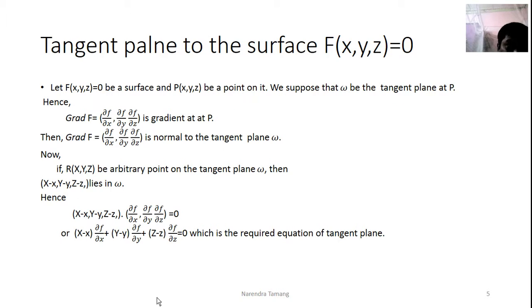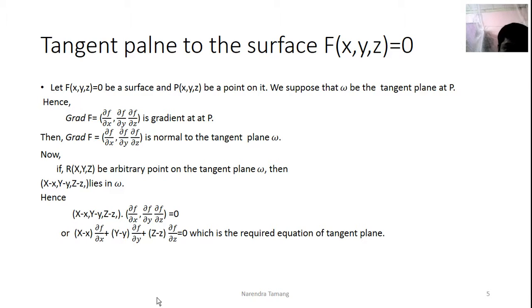which is the equation of tangent plane. Tangent plane to the surface f(x,y,z) = 0. Let f(x,y,z) = 0 be the surface and P(x1,y1,z1) be a point on it. We suppose that omega is the tangent plane at P. Hence gradient f equals df by dx, df by dy, df by dz at P. Then the gradient of f is normal to the tangent plane omega.